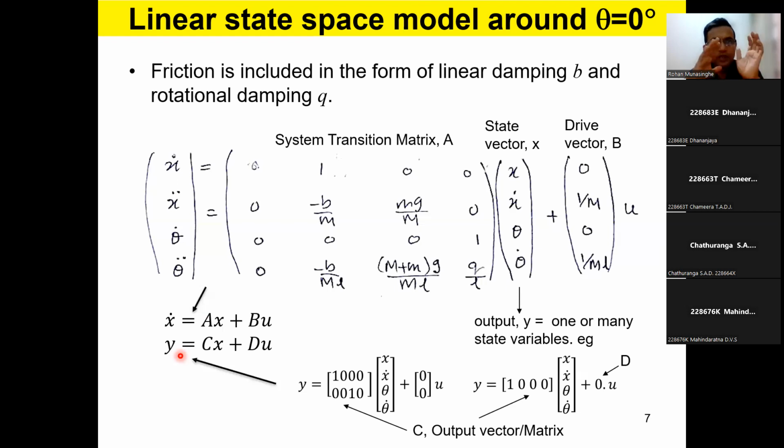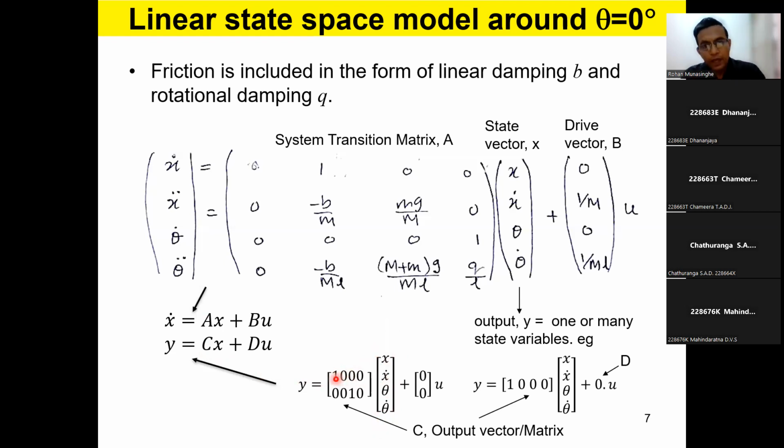We are going to measure, of course, x. That is a requirement. We want to move the cart to a certain distance and stabilize there. So therefore, we have to measure x. In the output equation, the matrix C needs to have this row 1 0 0 0, so that when you multiply with the state vector, you get x.